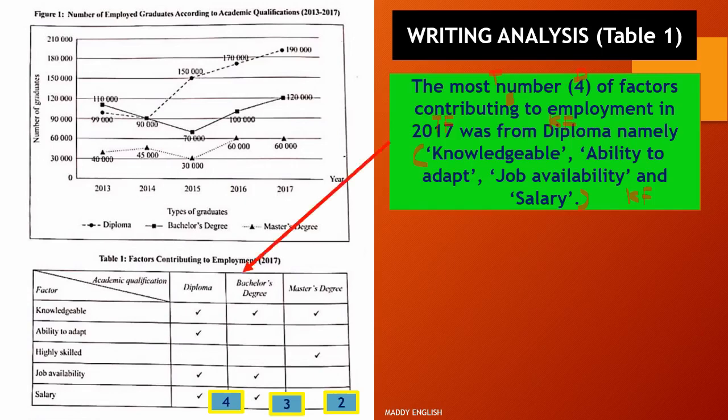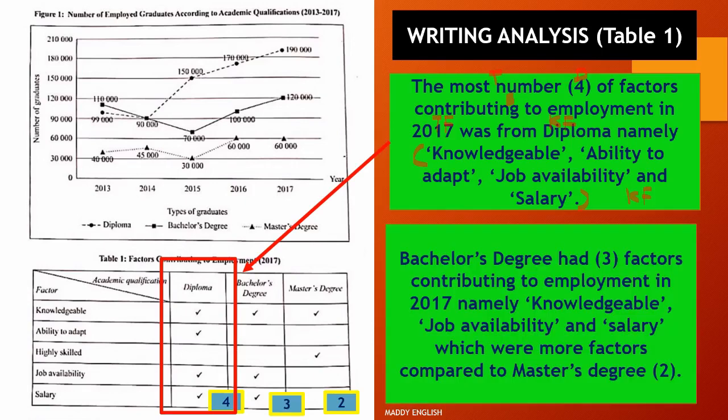Look at the second example. Bachelor's degree had 3 factors contributing to employment in 2017, namely knowledgeable, job availability, and salary, which were more factors compared to master degree.